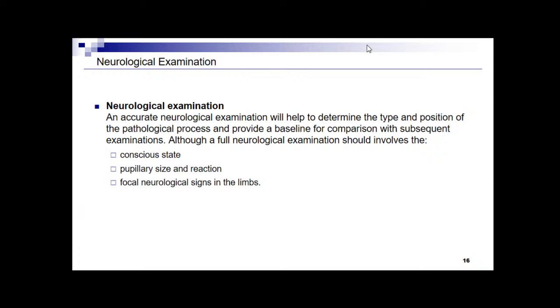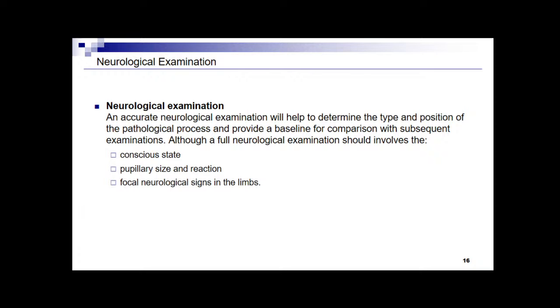Neurological examination is a key point of the clinical assessment of patients with traumatic brain injury. What is neurological assessment? This is an accurate neurological examination that will help to determine the type and position of the pathological process and provide a baseline for comparison with subsequent examinations.